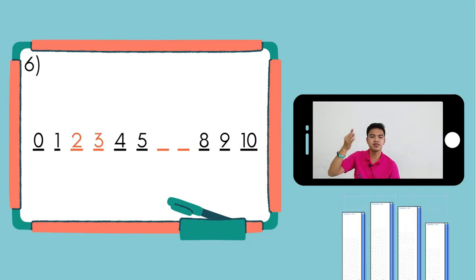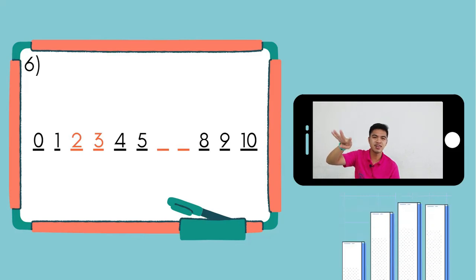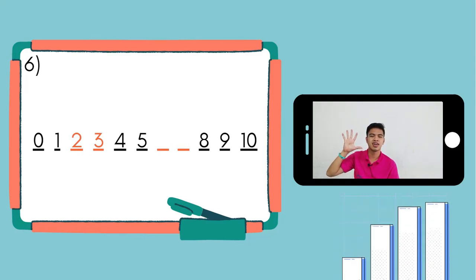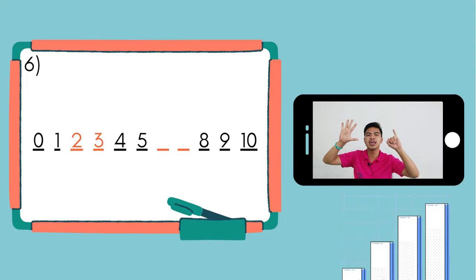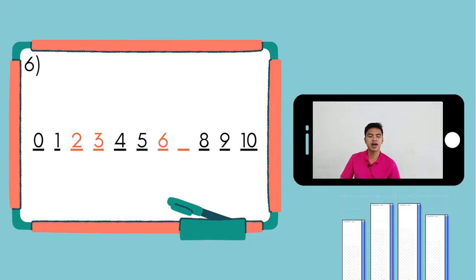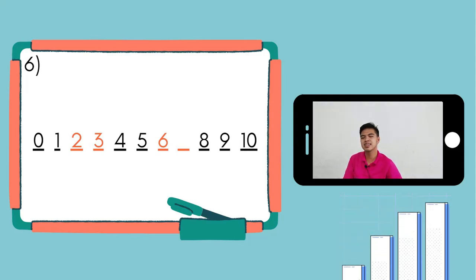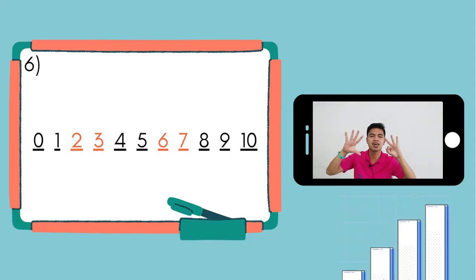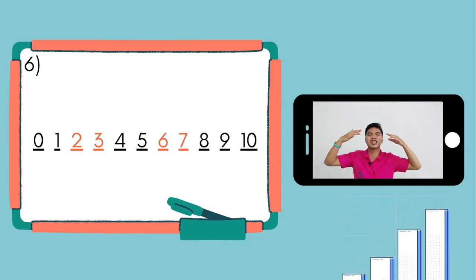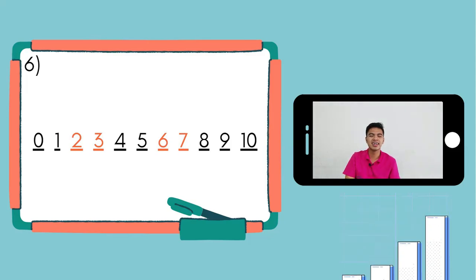So we're going to write 3, and then 4, and then 5, and then what? Very good, it will be 6. So let's write 6, and then what is next to 6? It will be 7. And then 8, and then 9, and then 10. Okay, so that is the answer for number 6.